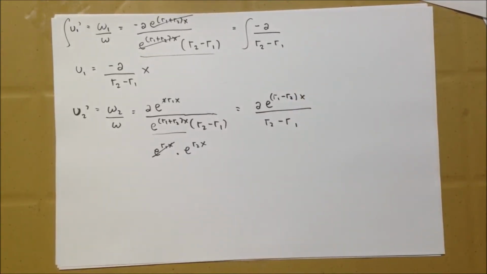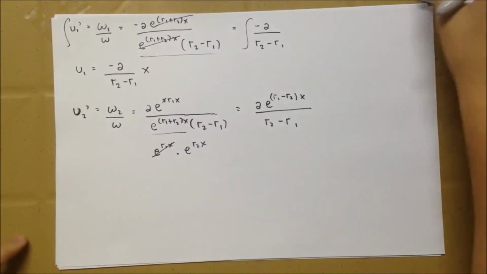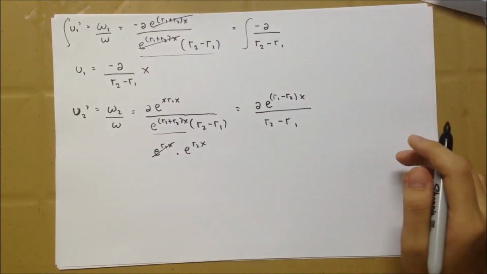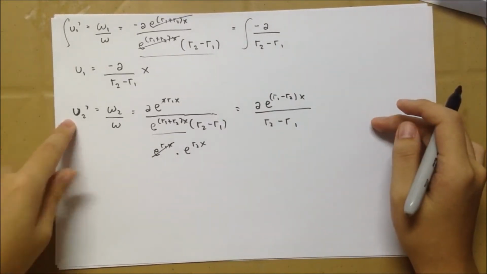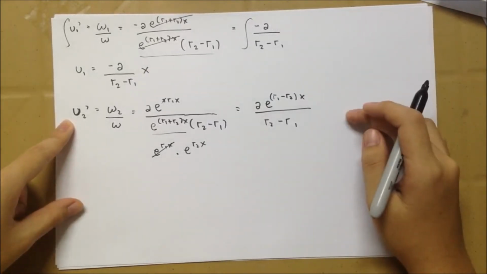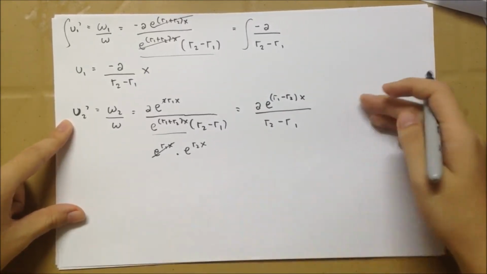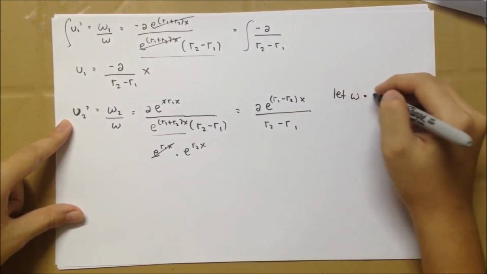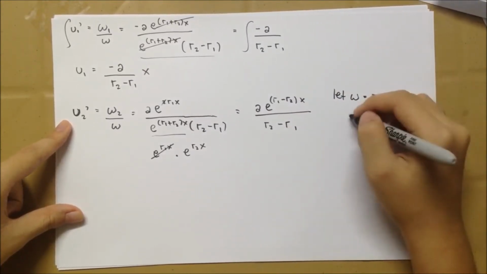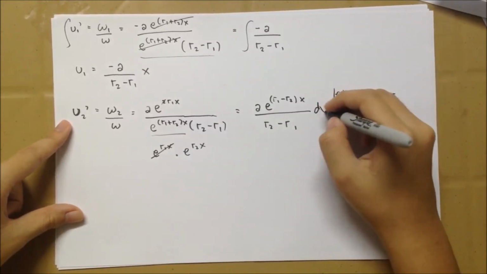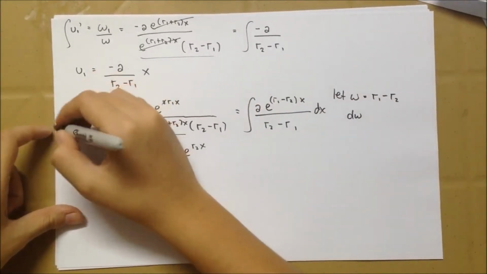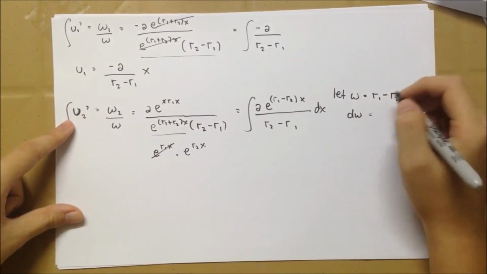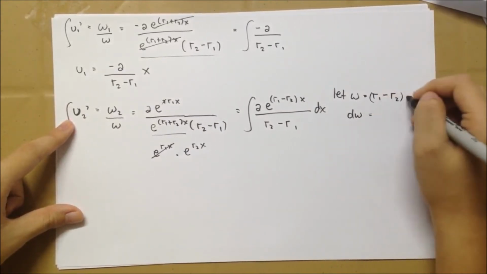Now this seems a bit tricky, but maybe sometimes hard to look at. To find the integral for this, you are just going to let w be equal to r1 minus r2 x.